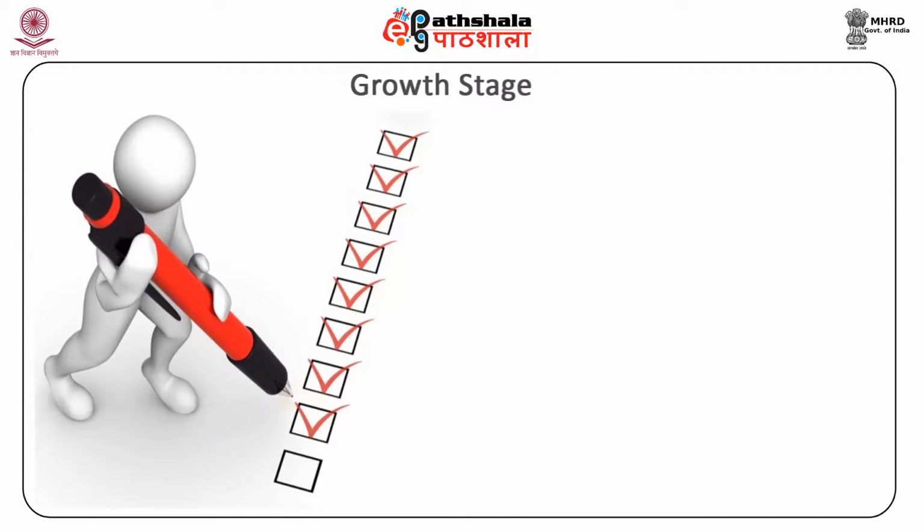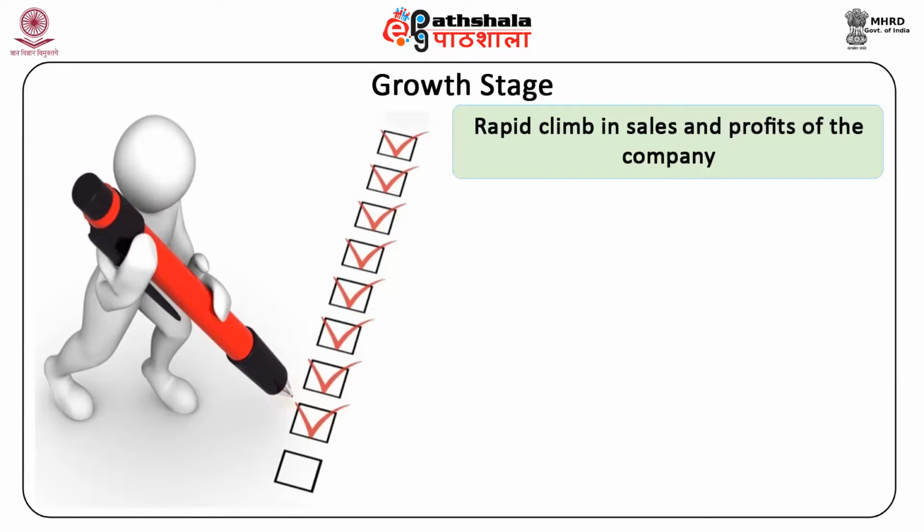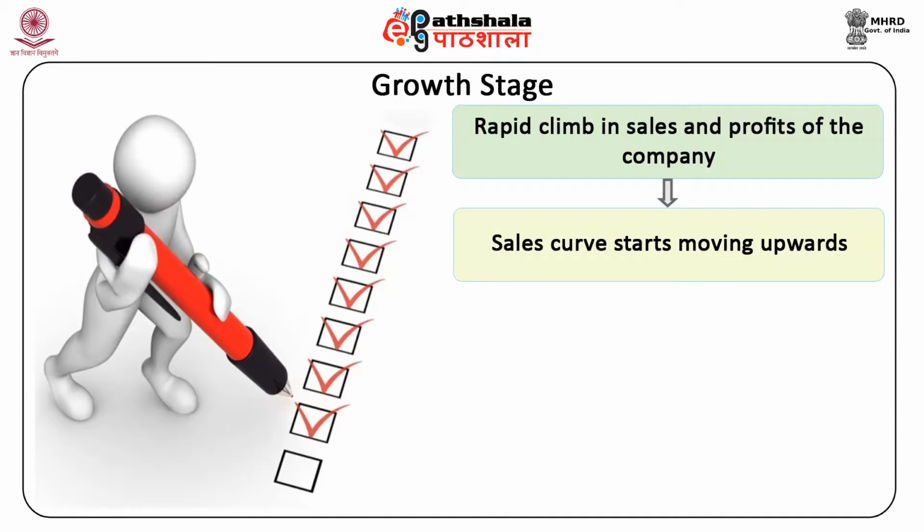The growth stage is marked by a rapid climb in sales and profits of the company. Early adopters like the product and the middle majority consumers start following their lead. The firm seeks to build brand preference and increase market share. There is increasing demand in the market, sales curve starts moving upwards, and the product starts showing profits.